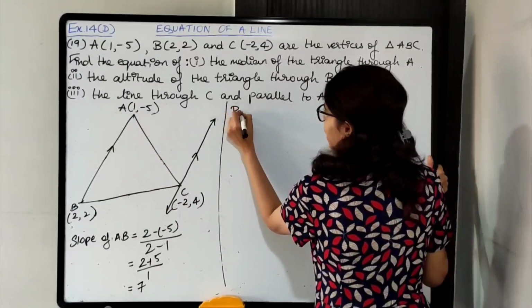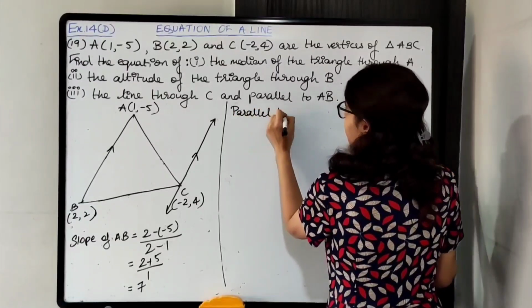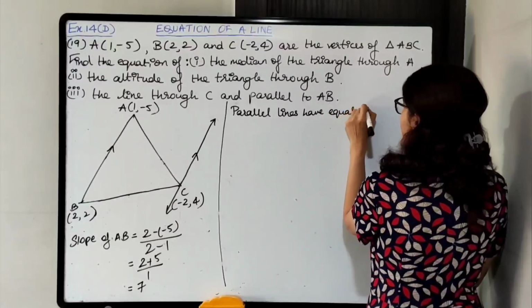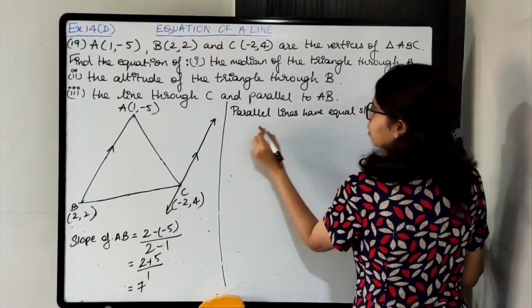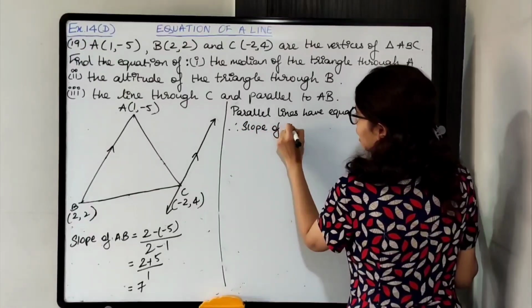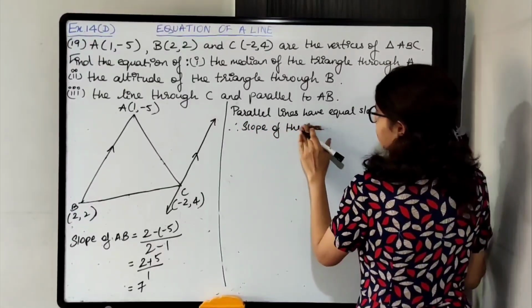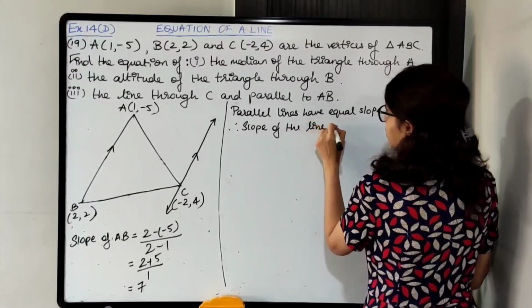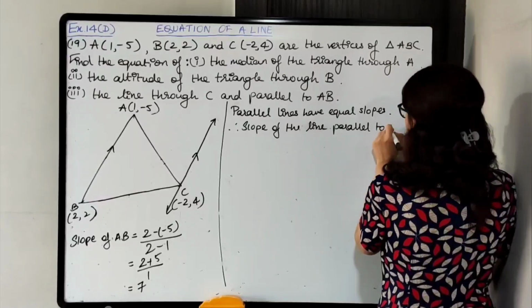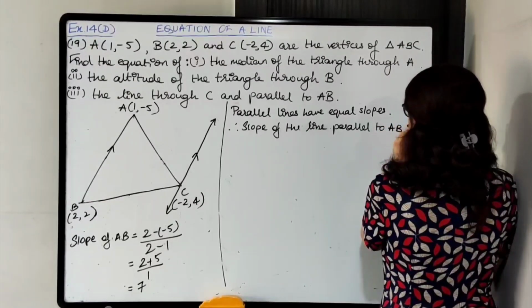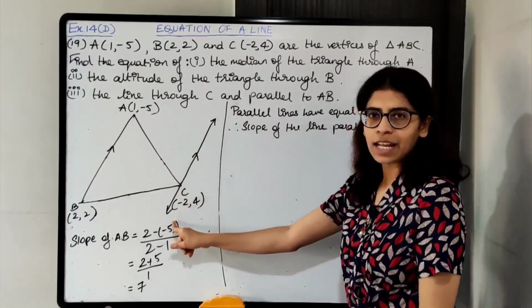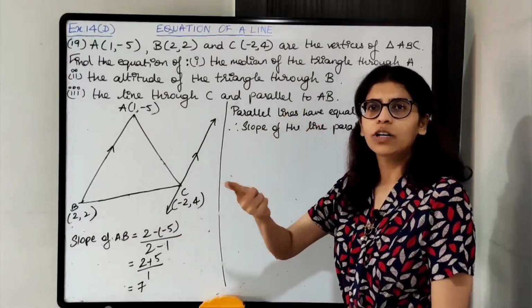So write down parallel lines have equal slopes. Therefore, slope of the line parallel to AB is 7. Okay. Now for this line we have slope and coordinates of 1 point.